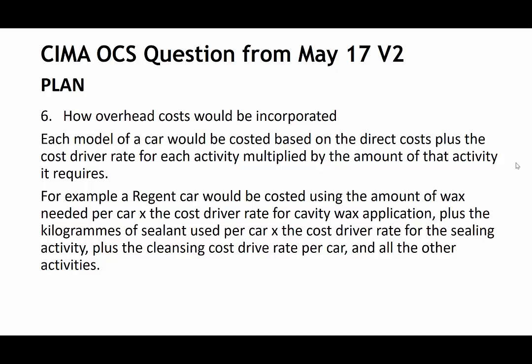The Regent car will be costed using the amount of wax needed per car times the cost driver rate for cavity wax application, plus the kilograms of sealant times the cost driver rate for that, plus the cleansing cost driver rate per car, because we know that we're doing the cleansing on a car by car basis, and all the other activities and other costs. So that's how we would get a costing for a Regent car.